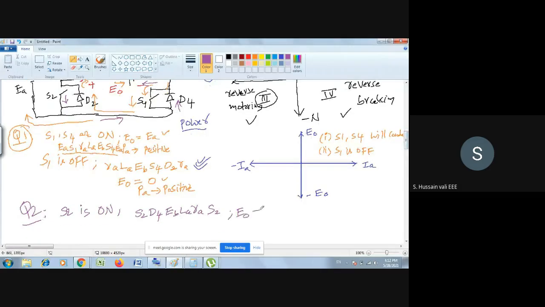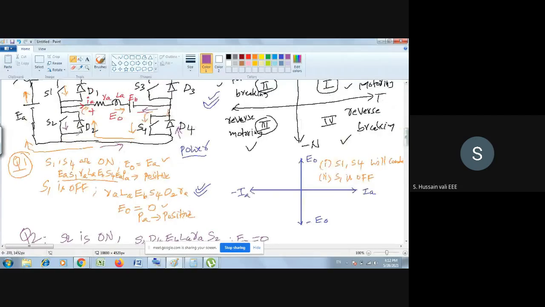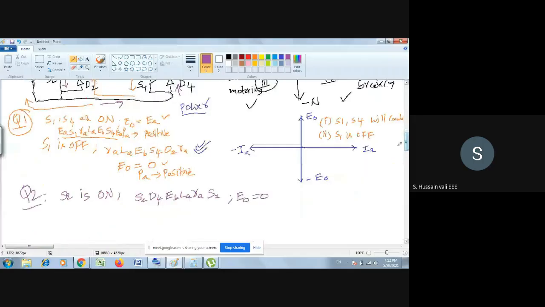Why is E0 0? Please see yourself. Because it is circulating like this when the switch S2 is off. It is circulating like this. So now you see the current gets in the opposite direction, that is from EB, LA, RA. That's the reason I put here EB, LA, RA and S2. So IA, I will write here, IA is negative.